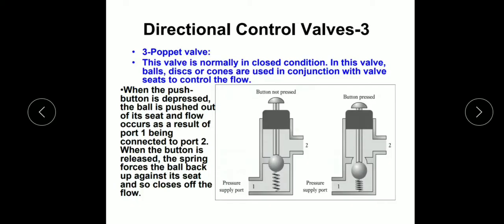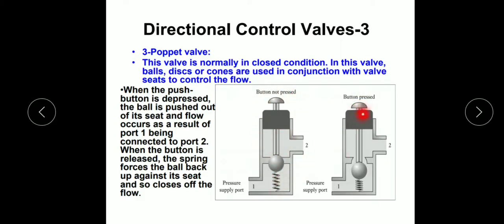And another type is the poppet type valve. You can see a poppet button on the top side. When the button is not pressed, in the initial condition, the flow is blocked by a ball here. This is the pressure supply port. When pressure is acting at the ball, it won't move upward, so there will not be any flow in the initial condition.